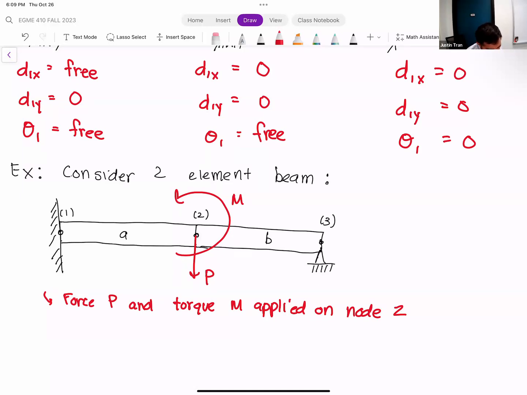And so this one, I'm just going to solve symbolically. So we're not going to plug in any numbers here. And so we'll assume that all the properties are given.